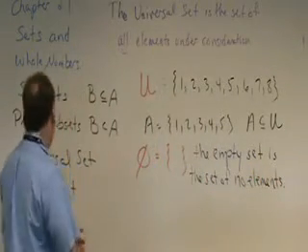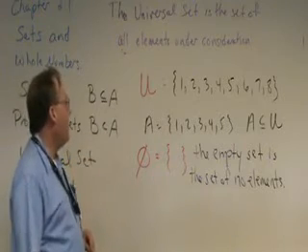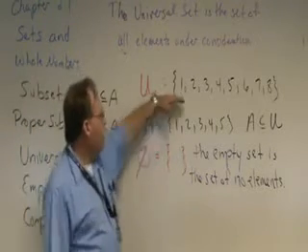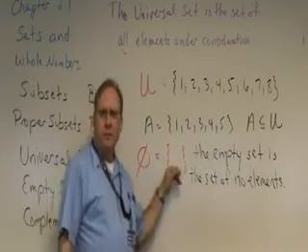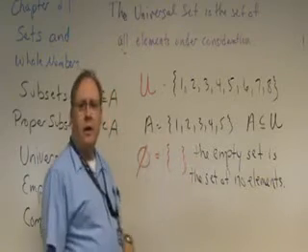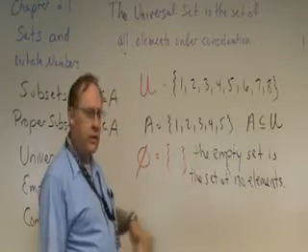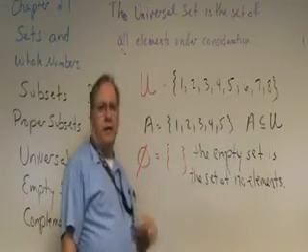Now, this sort of begs the question. Here we have this universal set which contains everything. Here's this empty set which contains nothing. And here's every other kind of set which contains something, just not nothing.